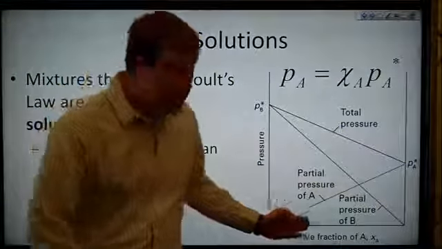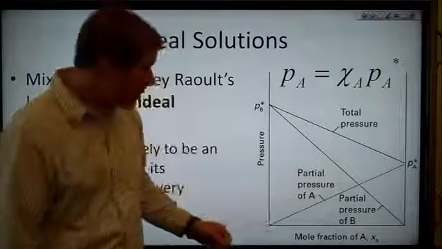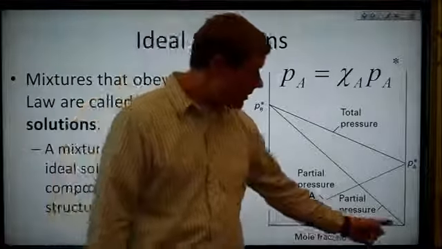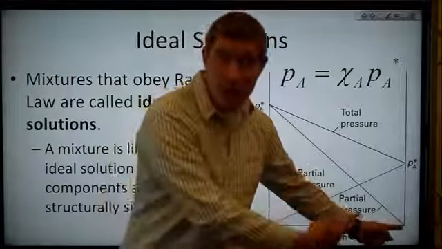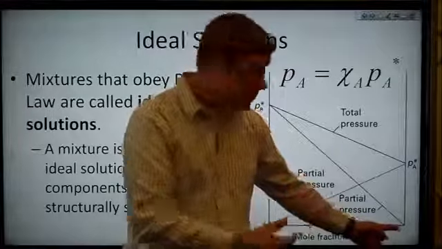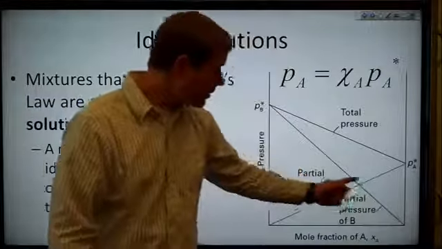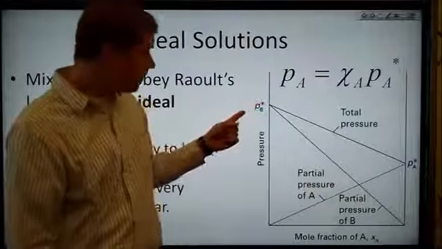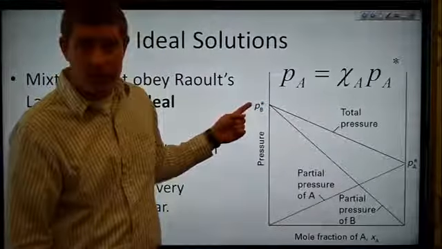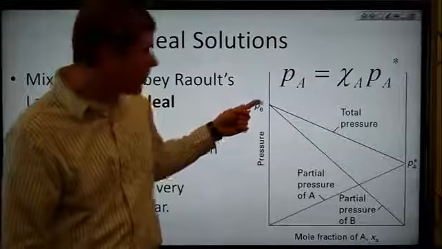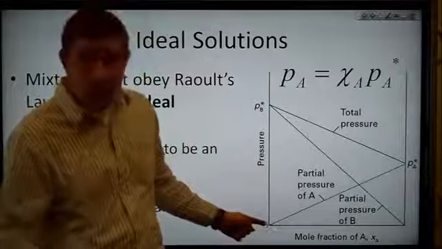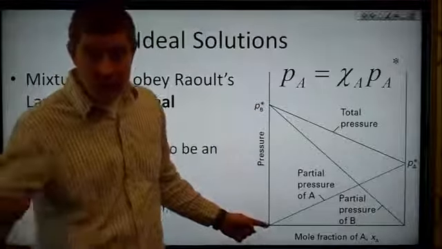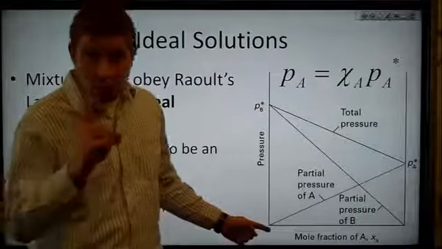Likewise, as we're increasing the mole fraction of A, we're decreasing the mole fraction of B. So the partial pressure of B goes from 0 at a mole fraction of B of 0, increasing linearly to the vapor pressure of component B while it's pure, at mole fraction A of 0 and mole fraction B of 1.